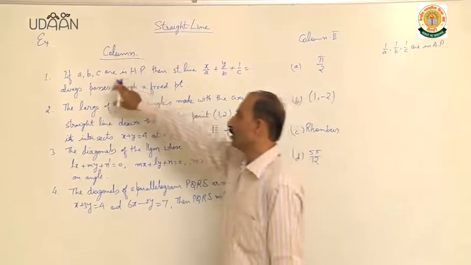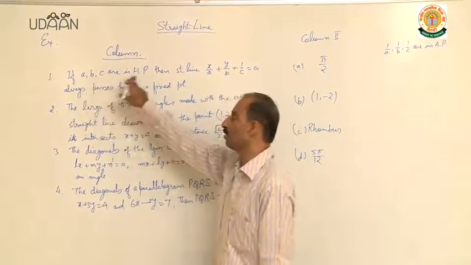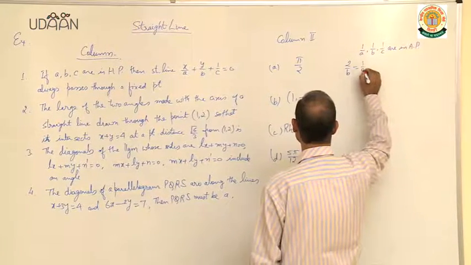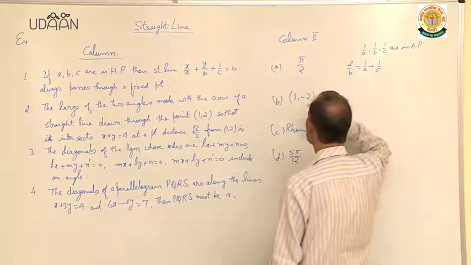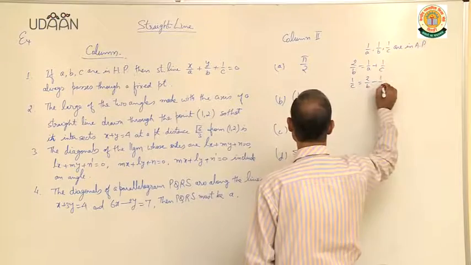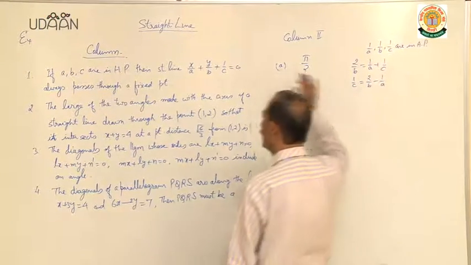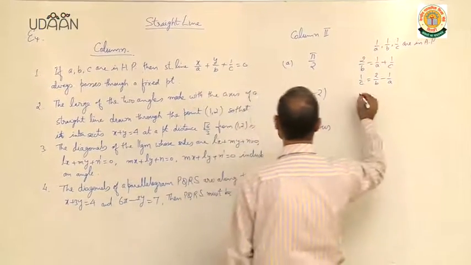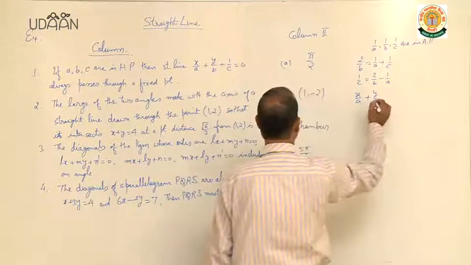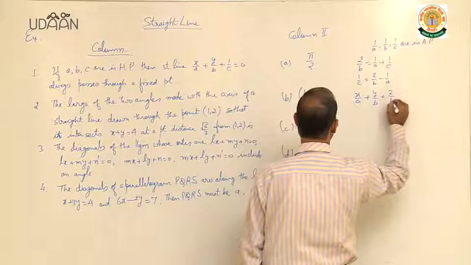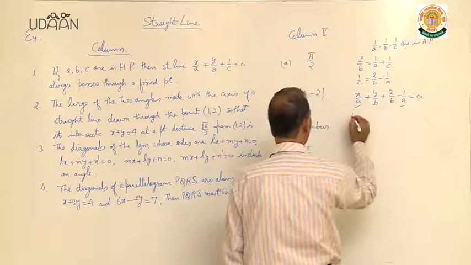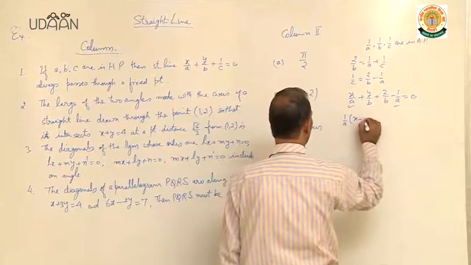Now the condition of AP is 2 upon B is equal to 1 upon A plus 1 upon C. So the value of 1 upon C you are getting is 2 upon B minus 1 upon A. This value I am substituting in the equation of the line, that is x upon A plus y upon B plus the value of 1 upon C, 2 upon B minus 1 upon A. Now take 1 upon A common, so you will get x minus 1.